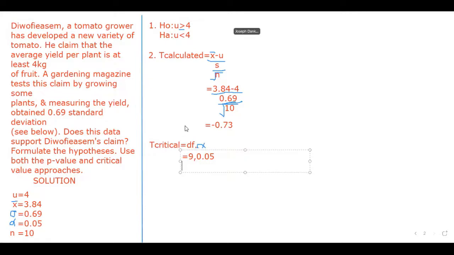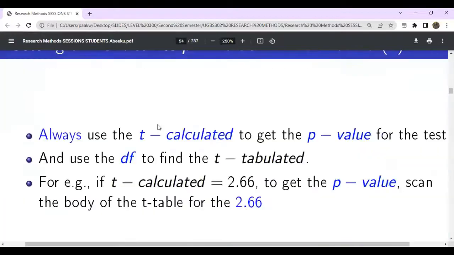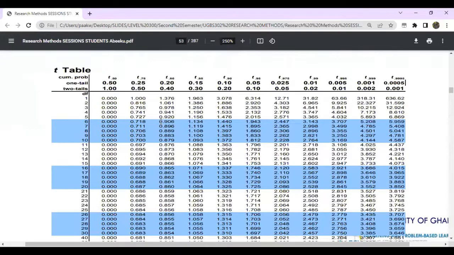Okay, so let's move on to the table. Is it one tail or two tail? It's one tail. Yes, good. The degrees of freedom is 9, and you match it with 0.05. It's up here, 9 here.